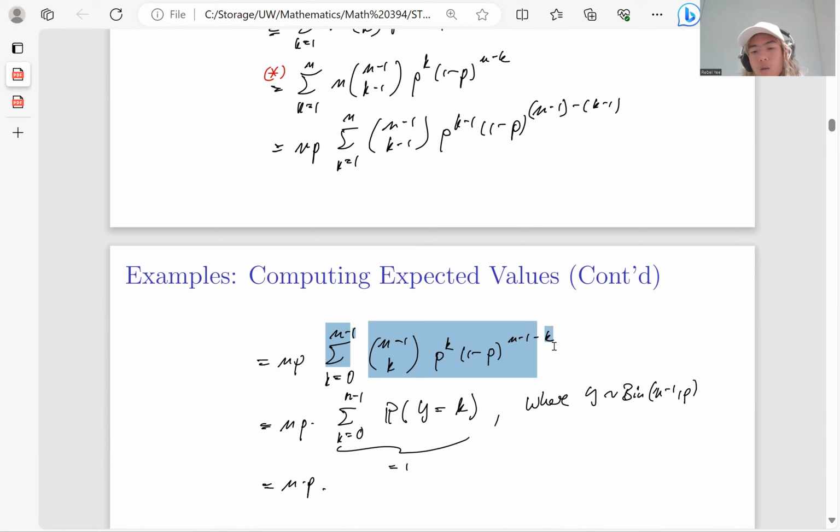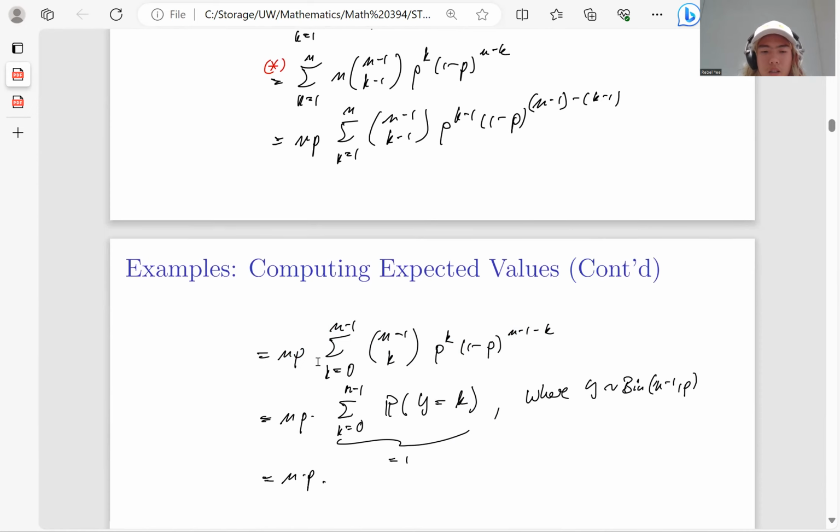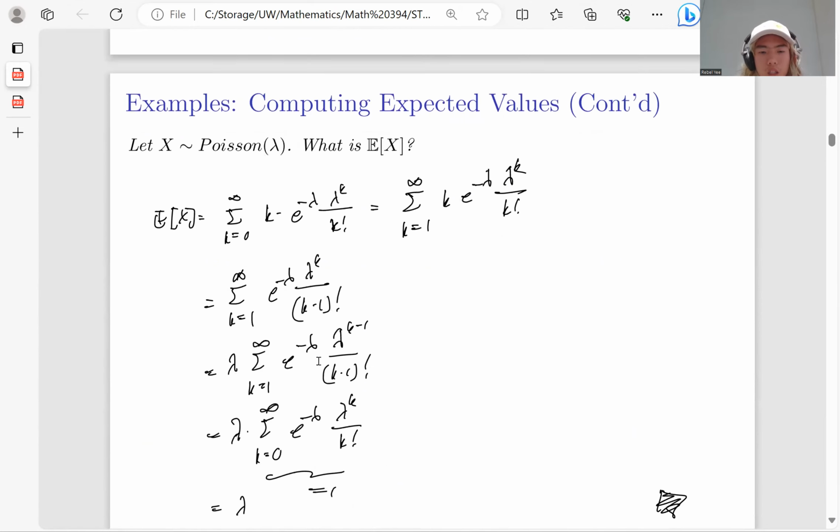So it is 1. If we know that's 1, and we don't have the summation sign outside, we can just use 1 times that term left over as our result. So I think that is straightforward.